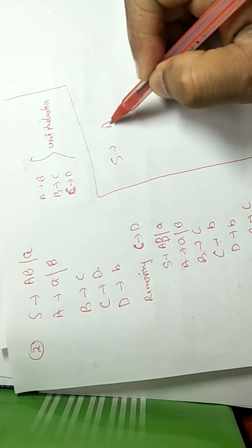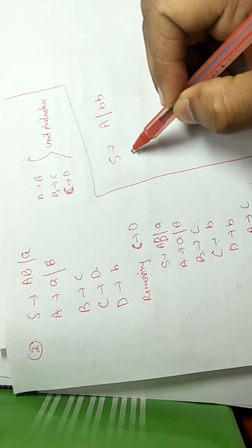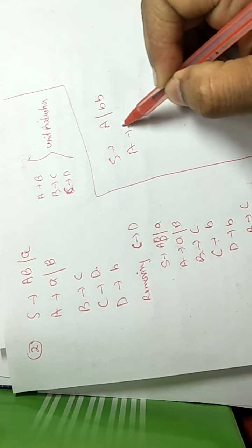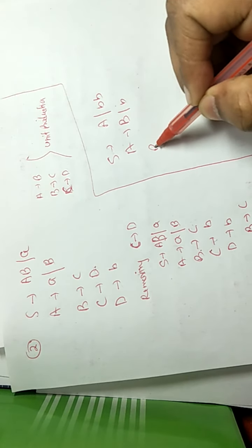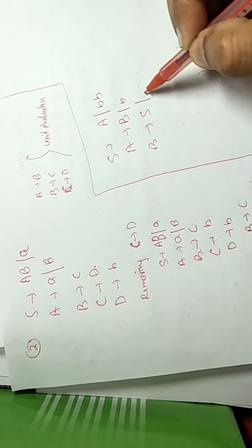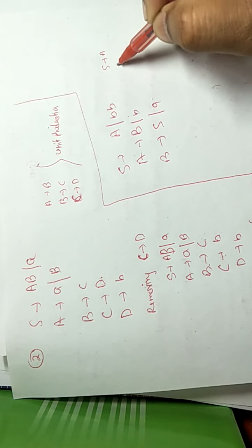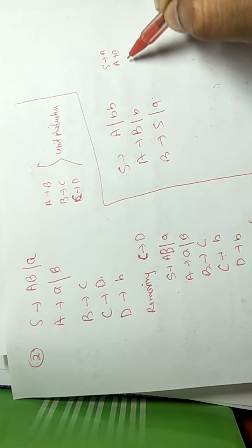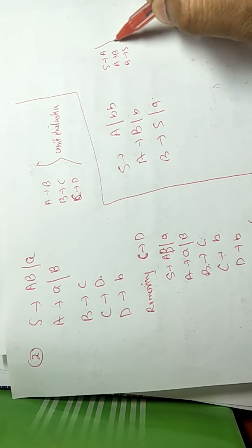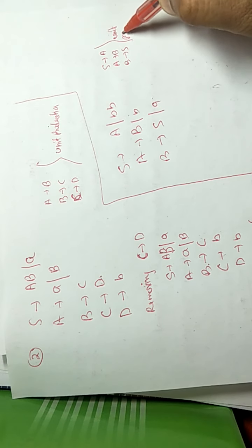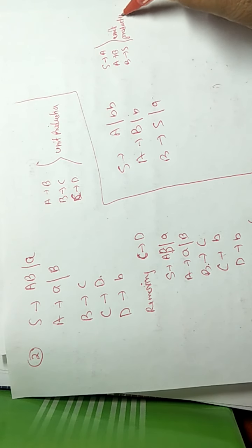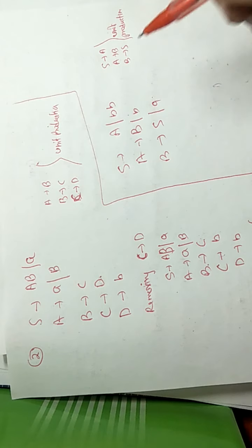Now let us look at the third example. S tends to A slash BB and A tends to B slash b and B tends to S slash A. So here A tends to B and B tends to S are unit productions, and we are interested in the removal of these.